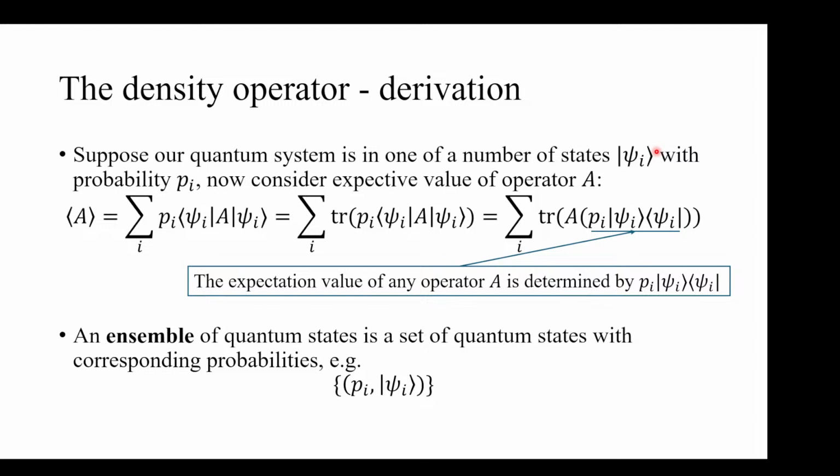We want to know how to describe this system, and in particular what happens when we measure it, because when we want to get classical information out of a quantum system, we need to do a quantum measurement.